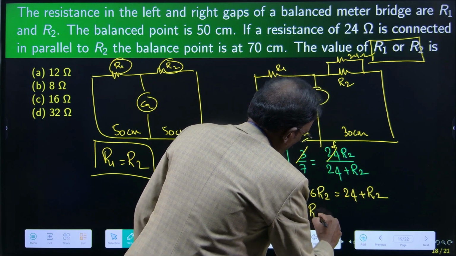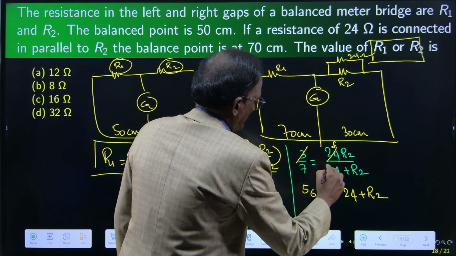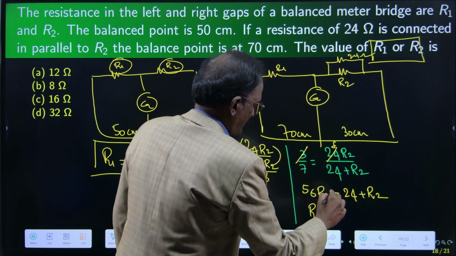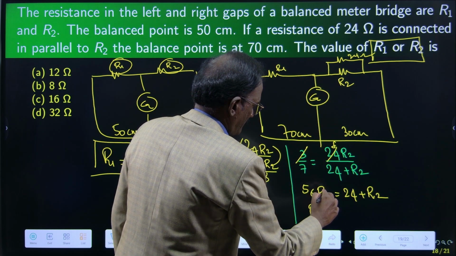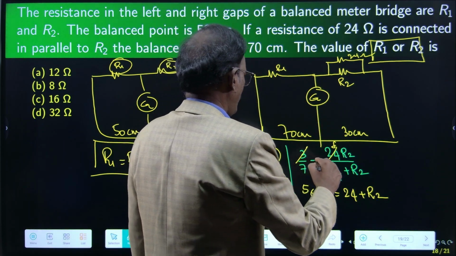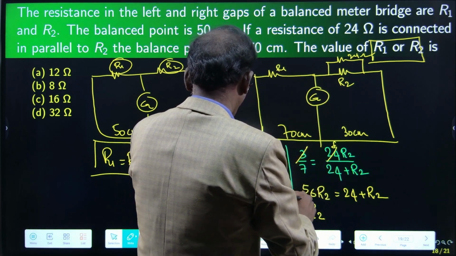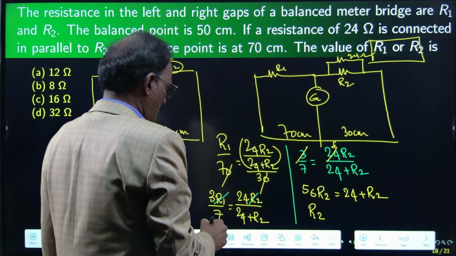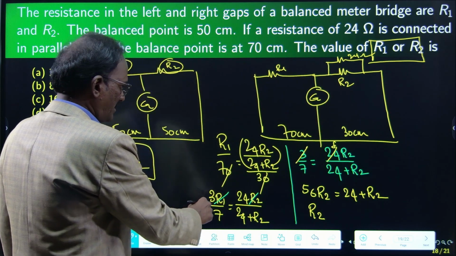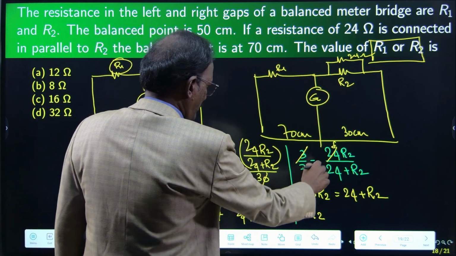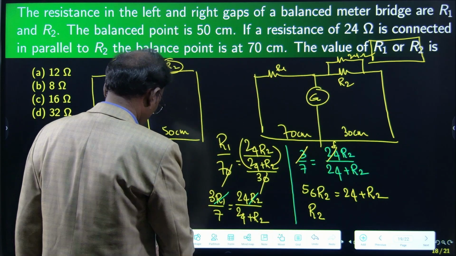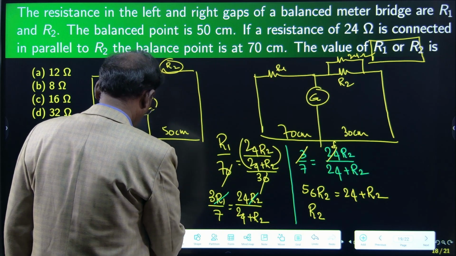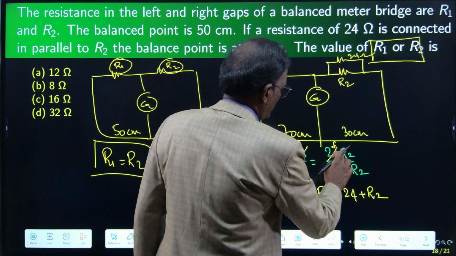I have removed this R2, I shouldn't have this R2 here. So 3 by 7 is equal to 24 divided by 24 plus R2.